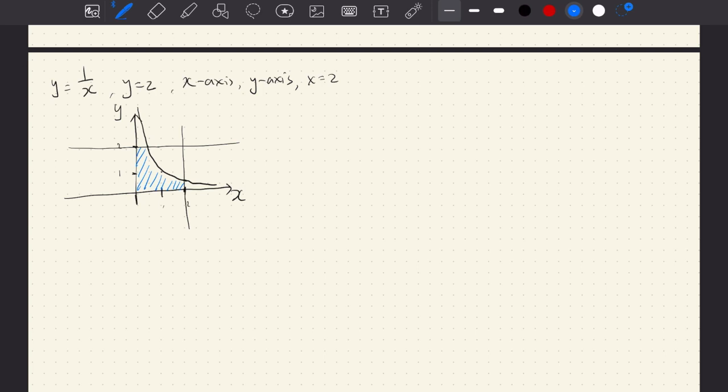So if you revolve it around the y-axis, remember we're revolving around the y-axis, you would get something like this. So this is the other half here. And then you revolve it around the y-axis, you will get something like this. Okay? So we want to know the volume of this solid, okay?